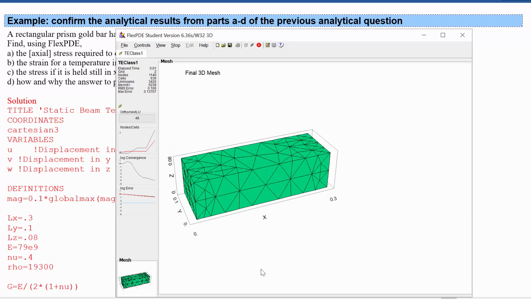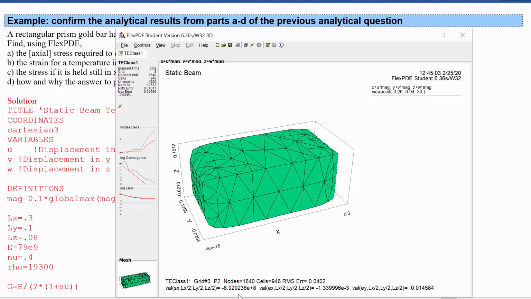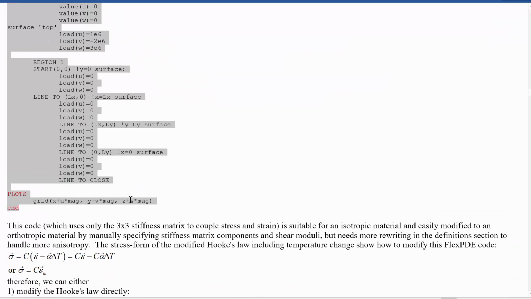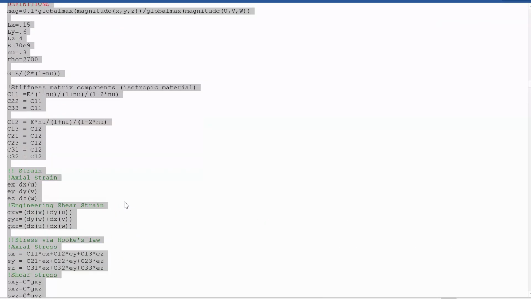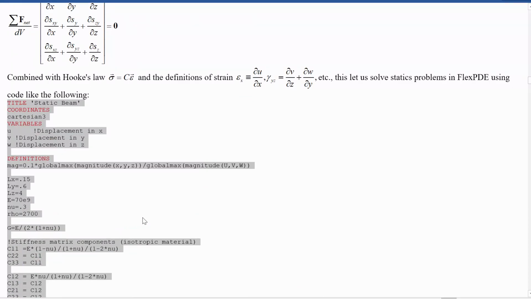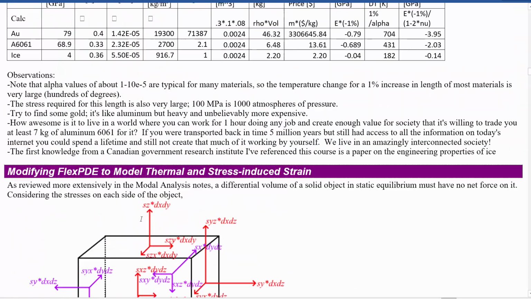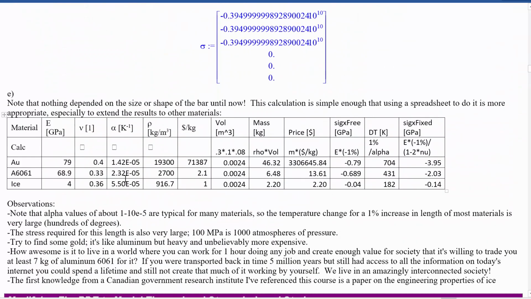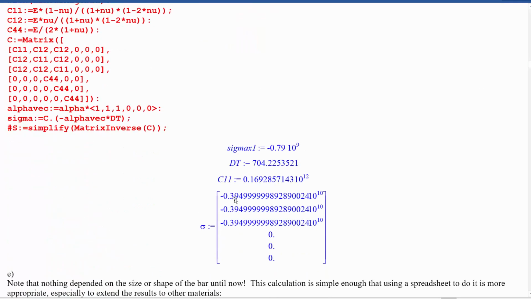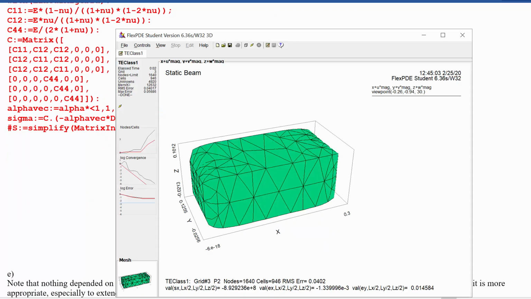Well, the stress is higher. It's not nearly as high as the 3.9? No. It should be about 5 times the 0.8. So yeah. Okay. So it's not nearly as much as the 3.95 gigapascals that we had.